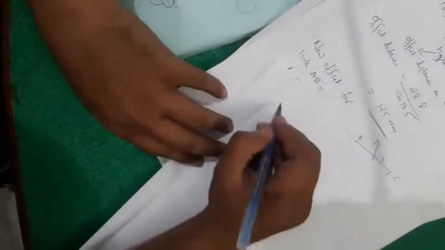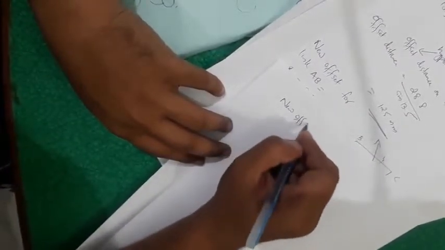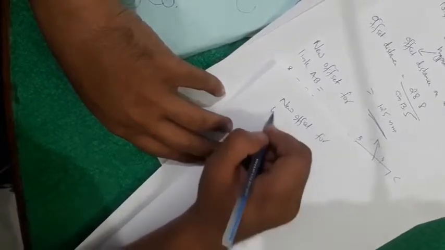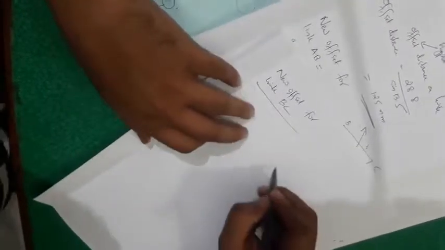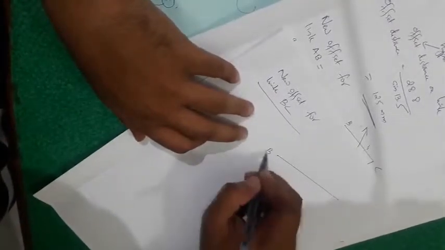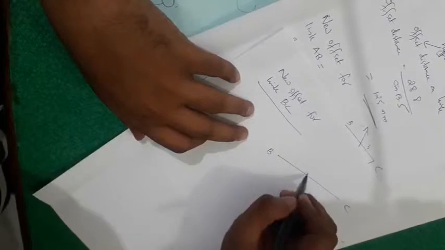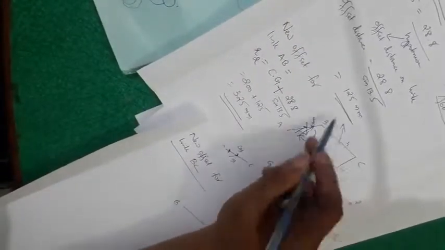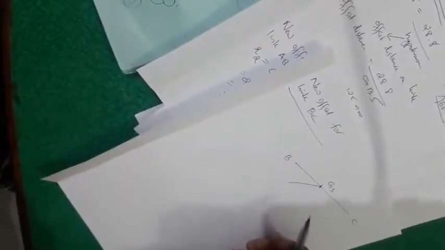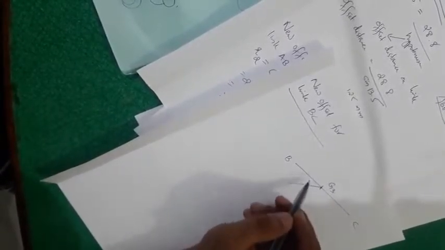That is the new offset for link BC. Suppose this is the link BC, and this was the midpoint G3, and what I have mentioned is that it is counterclockwise, so it should be acting like this. So this was the original force, and the new offset distance, as I mentioned, should be downwards.